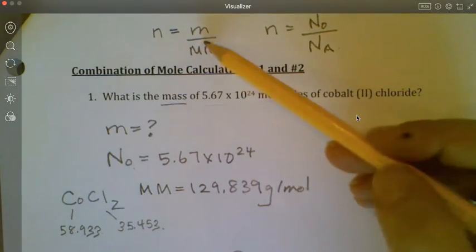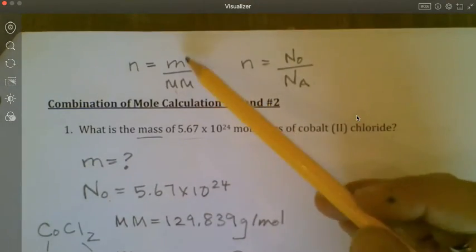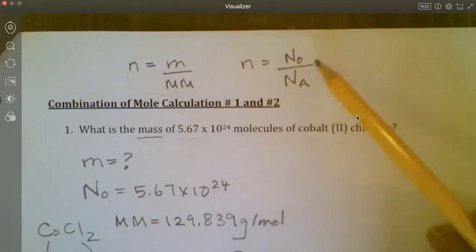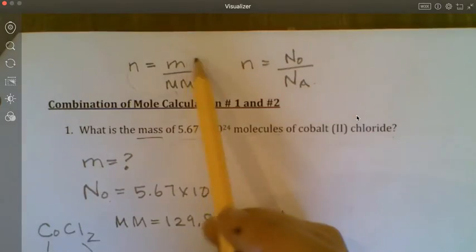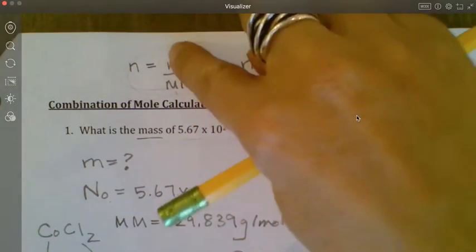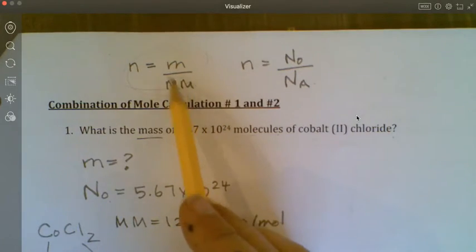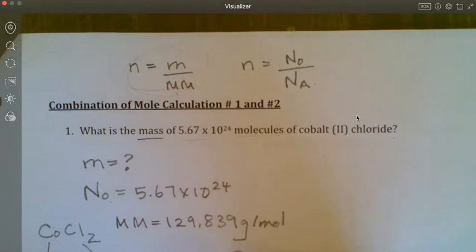Okay, so this is all the information that I have right now. My target equation: in order to solve for mass, I look at mole calculation number 1. It's the only formula that has mass in it. If I rearrange this formula, I keep mass where it is and bring molar mass to the other side of the equal sign. So my formula would be mass equals moles times molar mass.